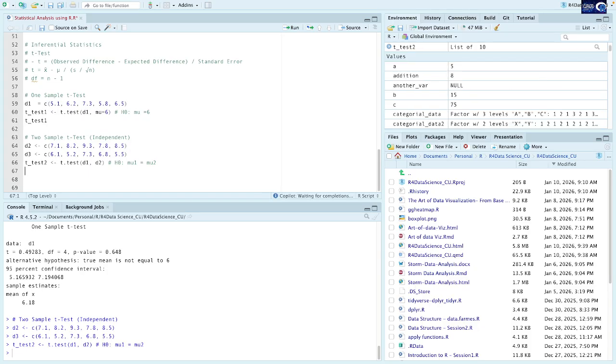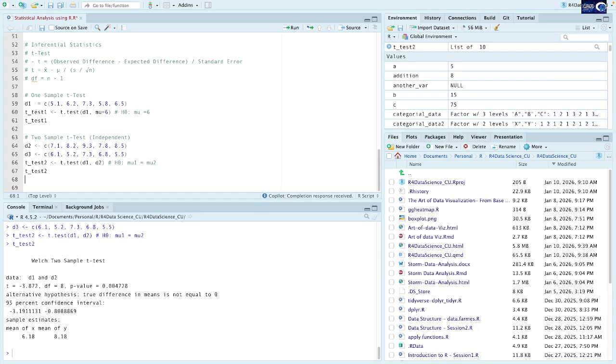Looking at the test output, it uses the Welch two sample t-test, and the result is similar to the one we have seen earlier. So the interpretation is similar.